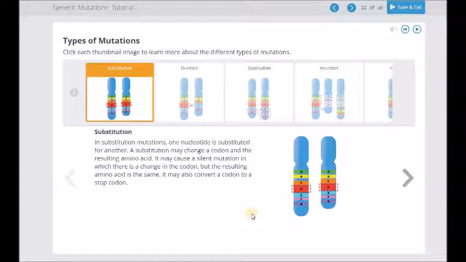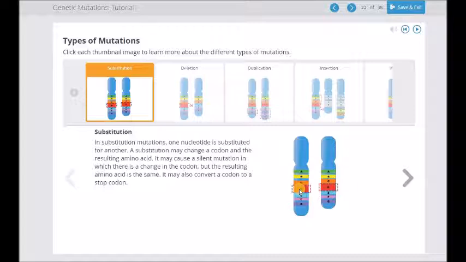Now I know this is hard to follow along, but if I got a codon, if right here this is a codon that says make an amino acid or grab this amino acid, sometimes if I change that, it changes it to another codon that still says grab the same amino acid. That's what makes it silent, okay? And so if I accidentally swap out one of those letters, I'm going to change the codon.